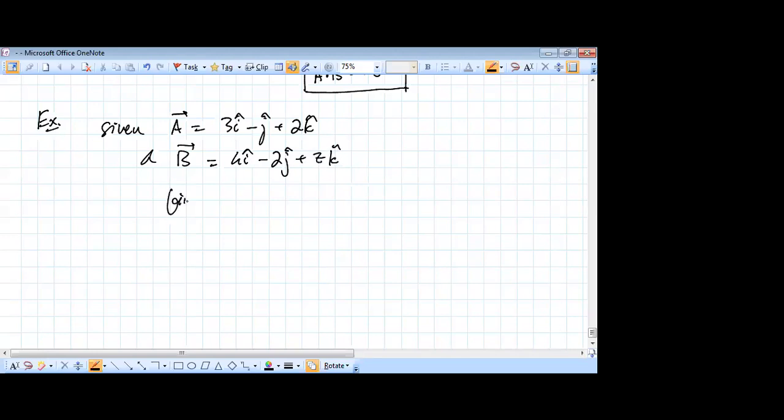Okay, so find z if A is perpendicular to B. Very easy question, just try it out.